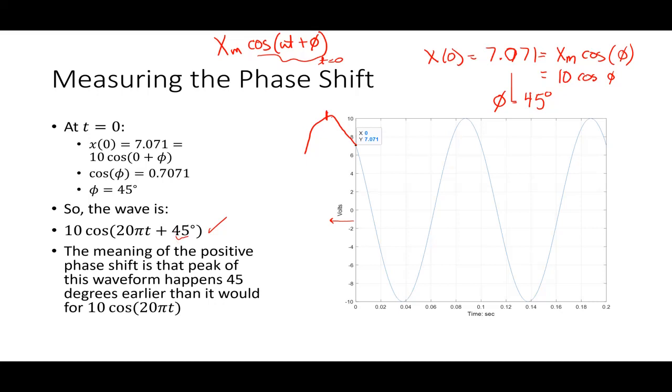If the peak had happened after t equal to 0, then we would have said it was a negative phase shift. Okay? All right, so we're going to use those terms a little bit as we go. We should begin to get familiar with when it would be positive and when it would be negative. Basically, you're saying if the waveform is pulled to the left, you add a plus sign. If the waveform had been pulled to the right, you would have added a minus sign.